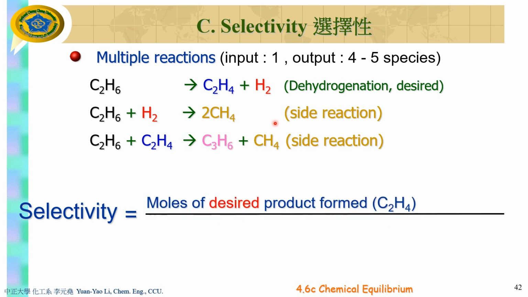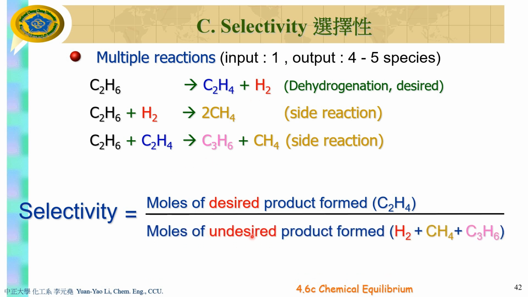So the definition of selectivity is moles of the desired product formed, which is C2H4 in this case, divided by moles of undesired product formed. Okay, it depends on the definition. For example, H2, CH4 and then C3H6. This is called selectivity. Or we can, with a different definition, have the selectivity of C2H4 and the H2.